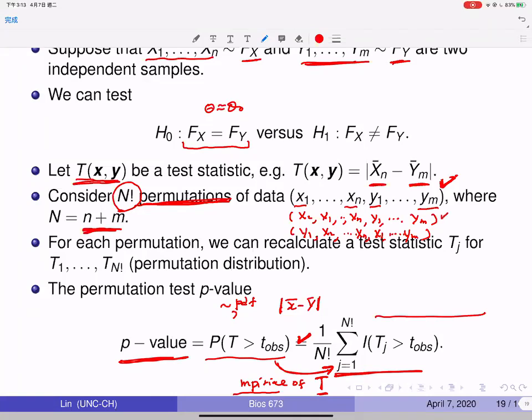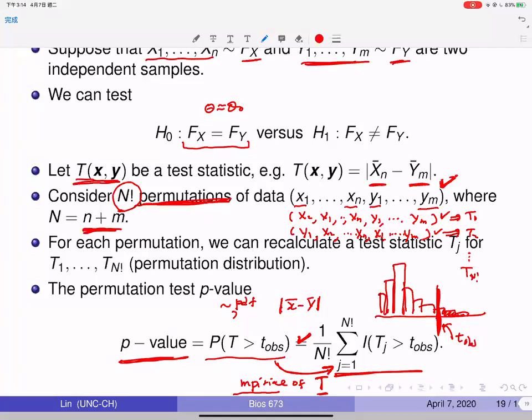For each permuted sample, I calculate one statistic, T2, until T N factorial. Then I can plot a histogram of the T's. Then right here is my observed T_obs, and this is my p-value, based on how many of them are bigger than T observation.